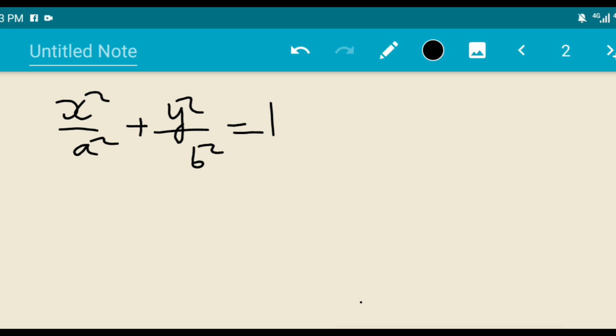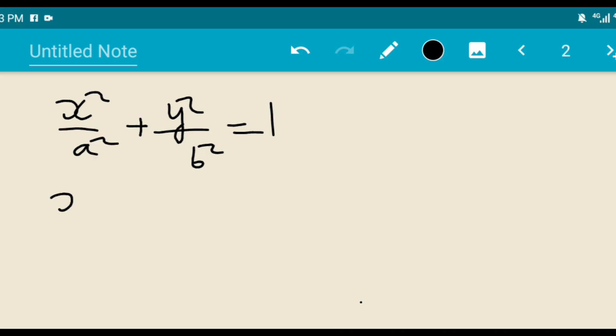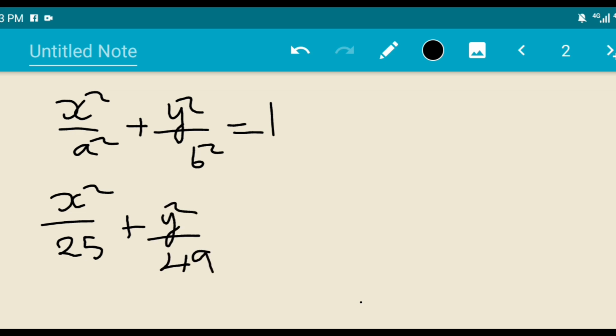Find the vertices and foci of the ellipses given by the equation x squared over 25 plus y squared over 49 should be equal to what?